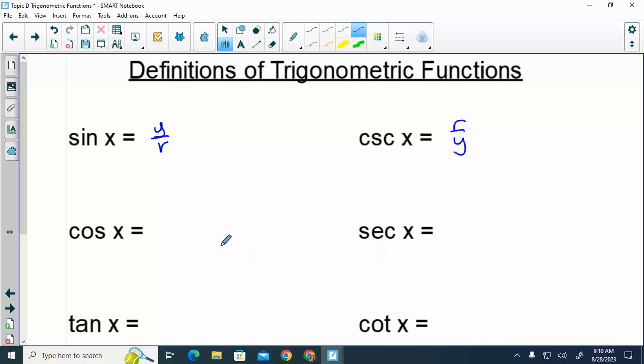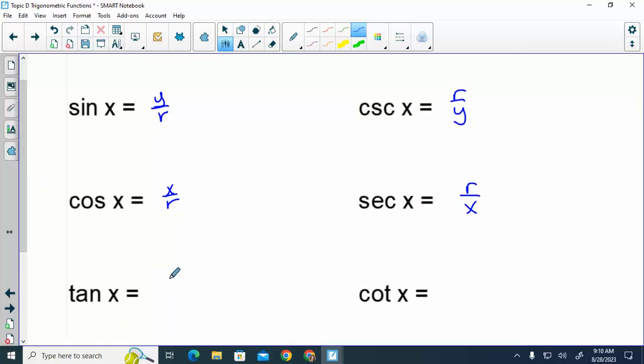Cosine was x over r. And secant, the reciprocal of cosine, will be r over x. Tangent, and cotangent is the reciprocal. I guess I did not.